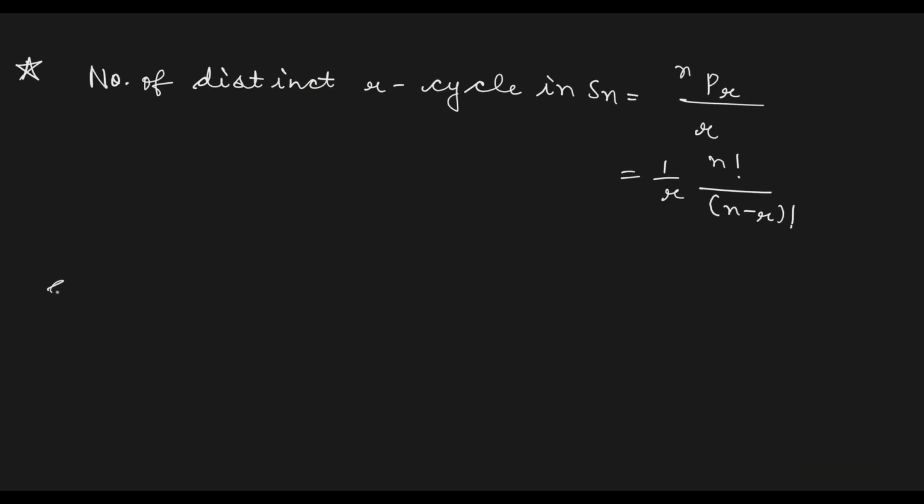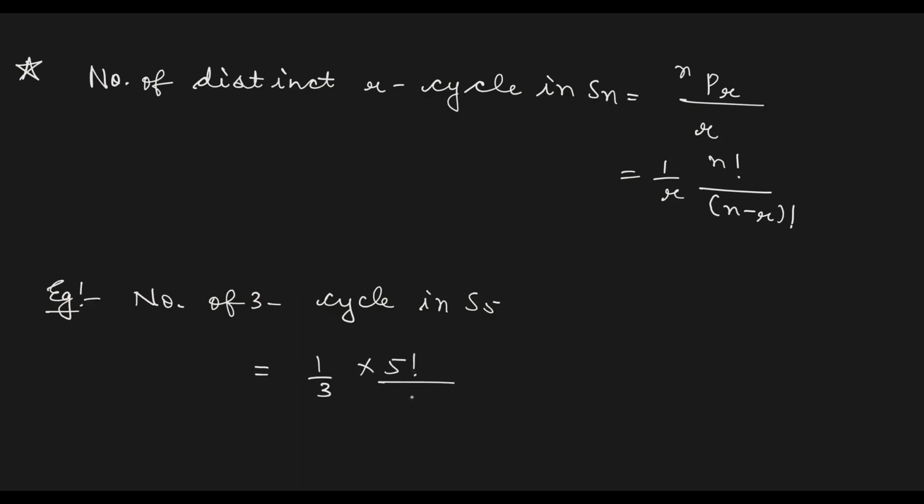For example, the number of 3 cycles in S5. So this will be 1 upon 3, 5 factorial upon 2 factorial. 5 into 4 into 3 into 2 upon 3 into 2. So 20.